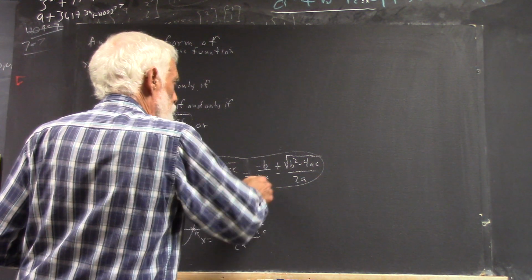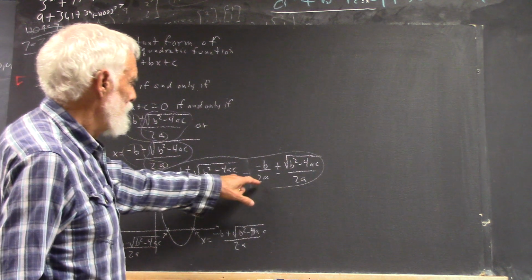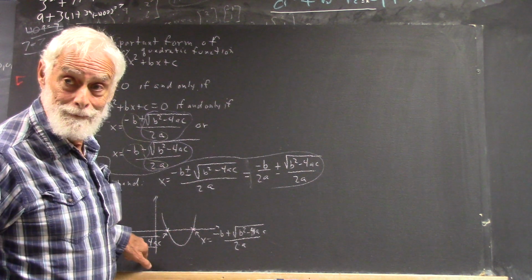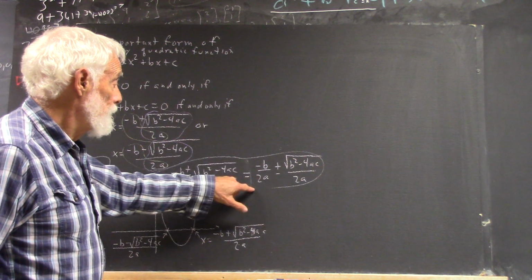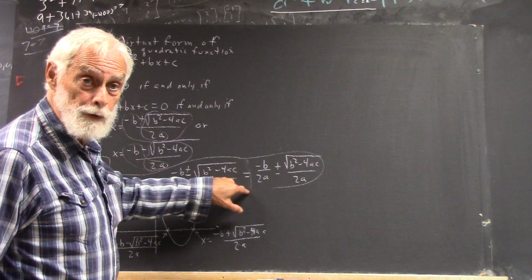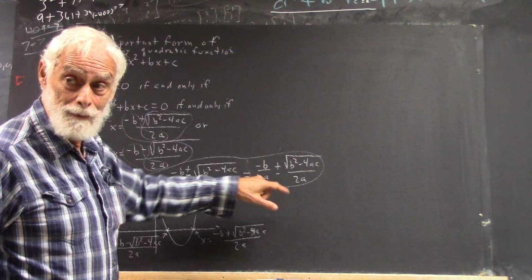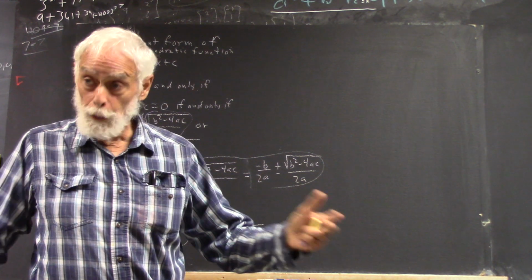So this negative b over 2a is kind of in between these, isn't it? Because you've got negative b over 2a plus something and negative b over 2a minus something. Same thing. So negative b over 2a is right in the middle of these two.